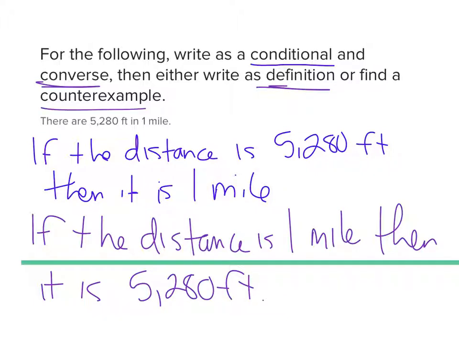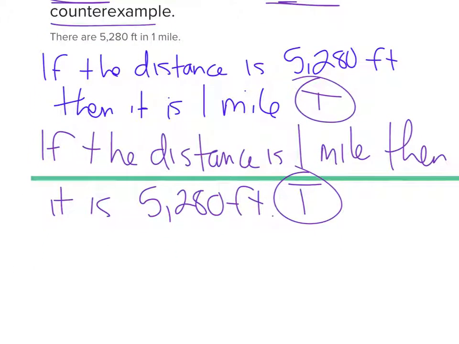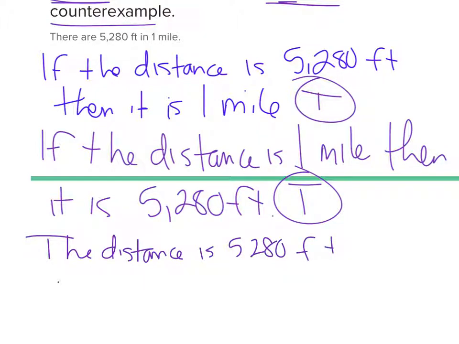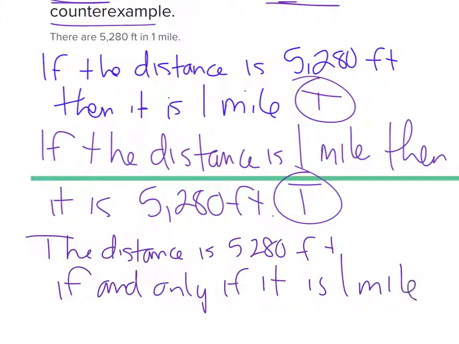Now I have to consider which ones are true, which one is false, so I can either write it as a definition or find a counterexample. Well, this statement is true, so is this statement. So now I can use that and write a definition. So I can say the distance is 5,280 feet if and only if it is 1 mile.